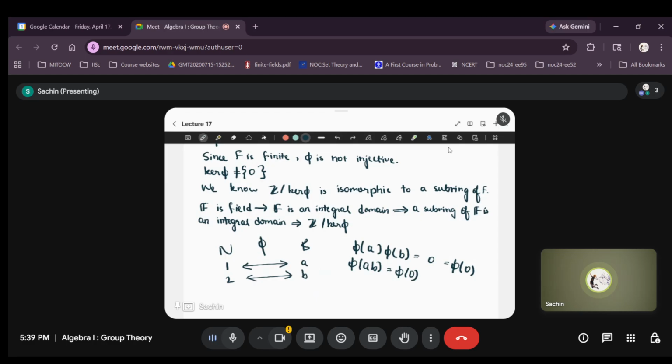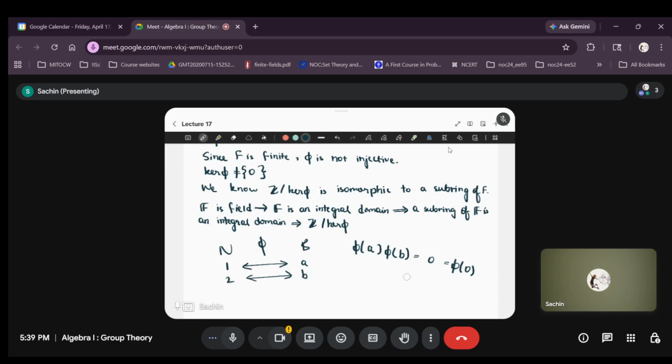But since phi is a bijective function, phi of AB is equal to phi of 0 would mean that AB is equal to 0. So the reverse direction also holds. So whenever A into B is 0, the pre-image 1 into 2 must also be 0. And whenever 1 into 2 is 0, the image A into B must also be 0.